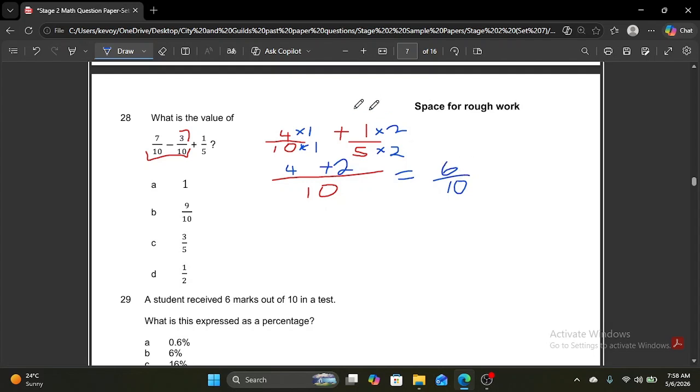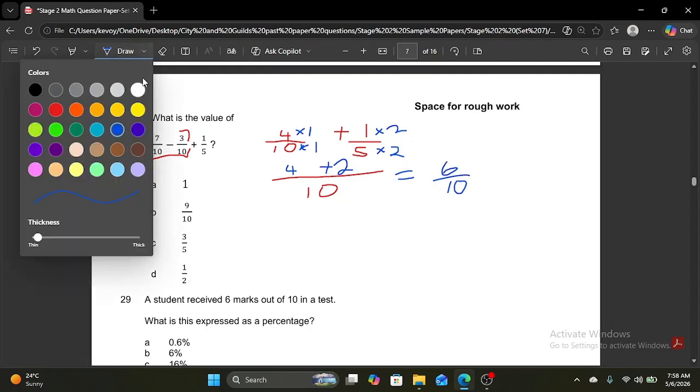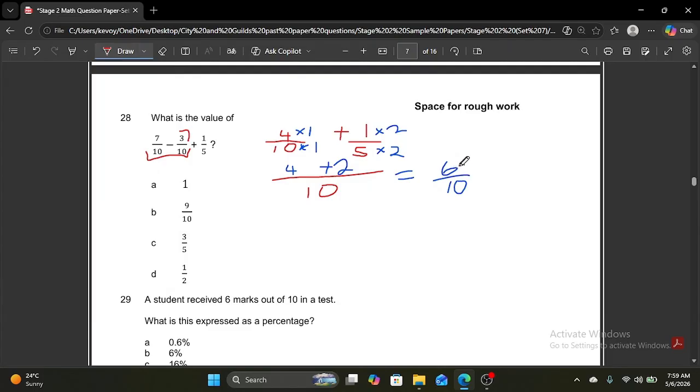But this can be simplified, because both the 6 and the 10 can be simplified. What number can divide both 6 and 10 without leaving a remainder? That is 2.